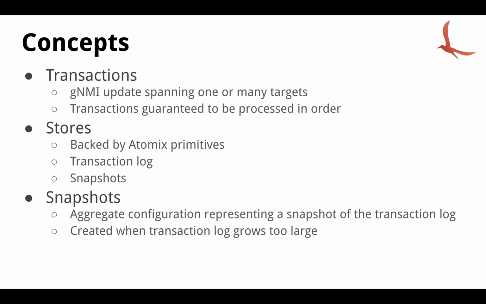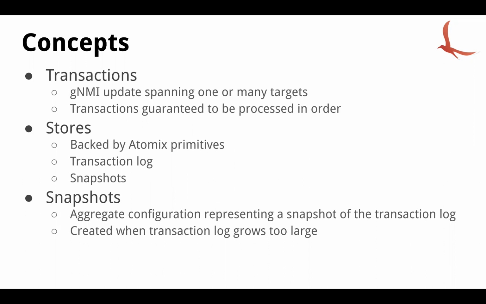And then the state that's stored inside of ONOS config, there are lots of stores. I'll go through the code pretty soon. All the stores, or a lot of the stores, are backed by atomics primitives. There are a couple of primitives like the transaction log. We made a new primitive for that, called indexed map.